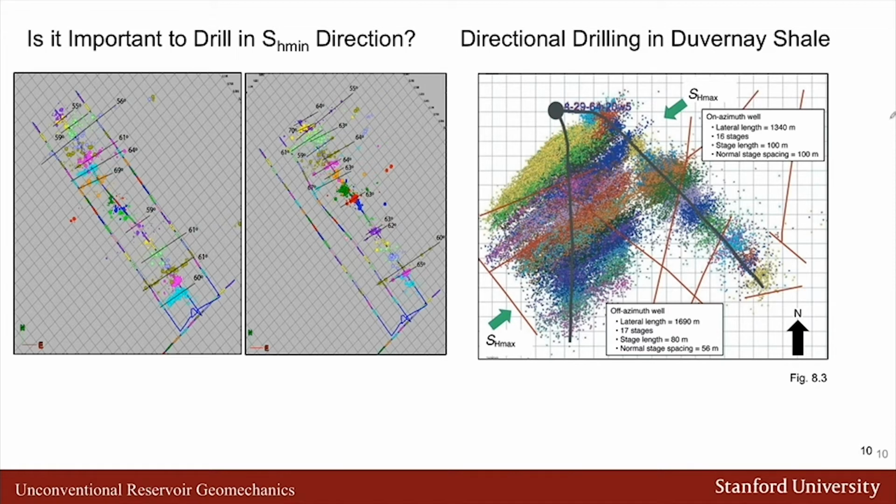And the authors of this paper, Stevenson et al., argue it's because of the fact that the hydraulic fractures sort of take off in the right direction, right at the well, and propagate out in the right direction in a very straightforward way, whereas in the off-axis well, they sort of take off perpendicular to the well and then have to turn to be in the direction perpendicular to the least principal stress.